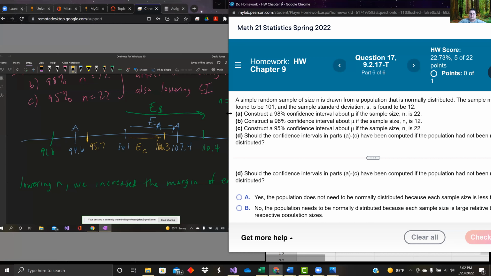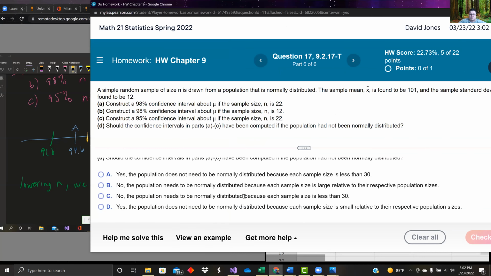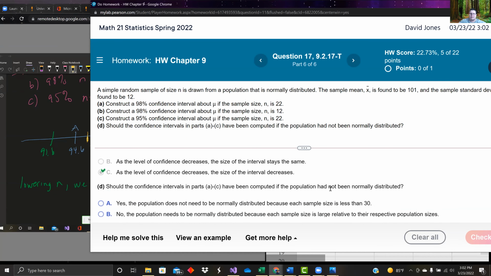All right, let's see what D says. Should the confidence intervals in parts A through C have been computed if the population had not been normally distributed?